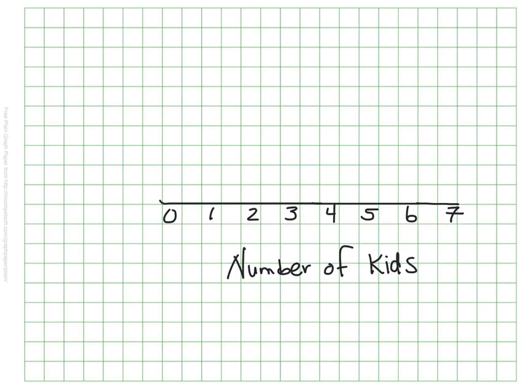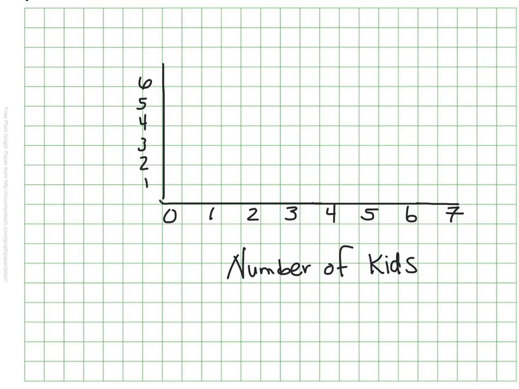On the left-hand side, I need to draw a line as well, a vertical line. The mode was 0. More people answered 0 than any other answer. 6 people said they had 0 kids. So as I make my vertical line, I need to be sure that it goes up as high as 6. So I'm just going to go from 0 to 6, counting consistently by ones.